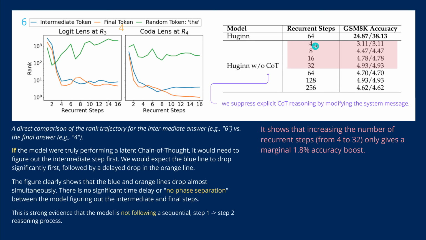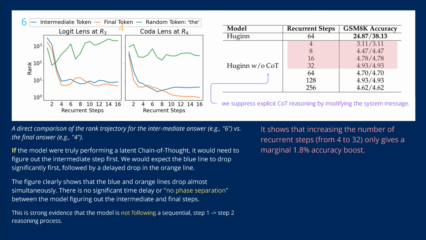But look at it. At 4 recurrent steps, we have an accuracy of 3. At 32 recurrent steps, we have an accuracy of 5. At 256, we have an accuracy of 4.6.